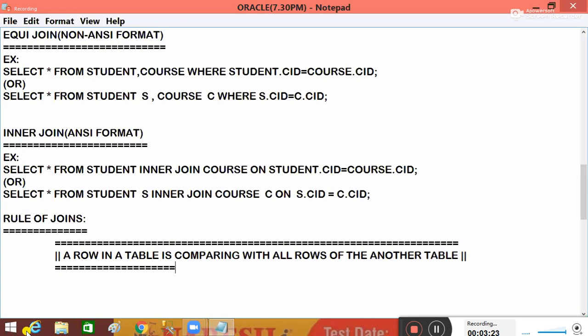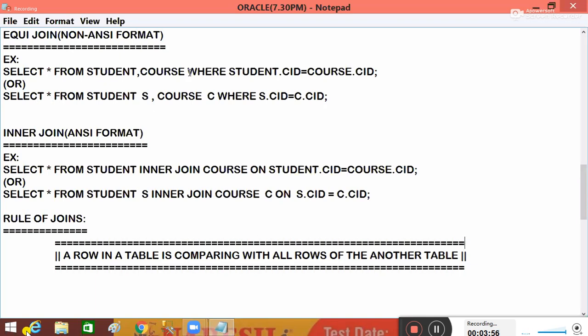A row in a table is comparing with all rows of another table. On this rule, every join or every join condition you have written in the statement is executed. For example, this is one statement we wrote in equi and inner.